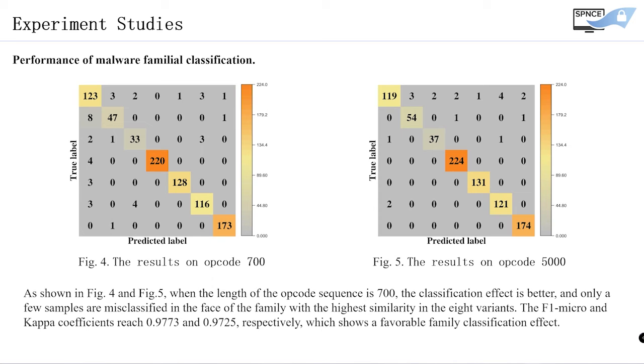The F1 micro and the kappa reach 0.9773 and 0.9725 respectively, which shows a favorable family classification effect.